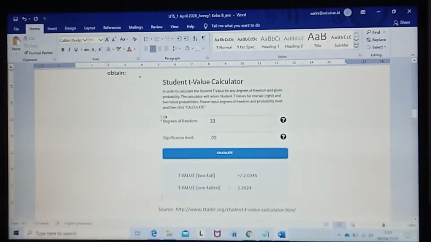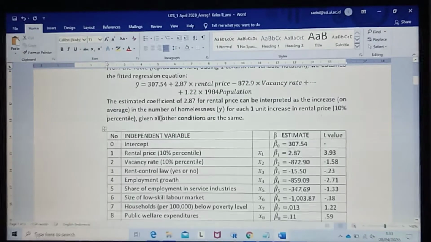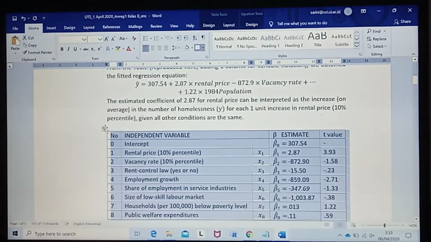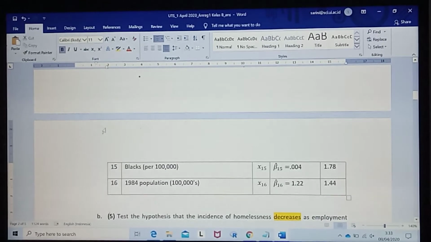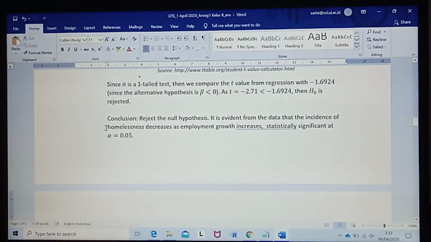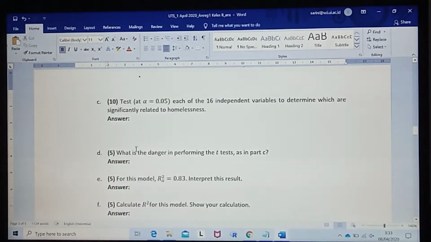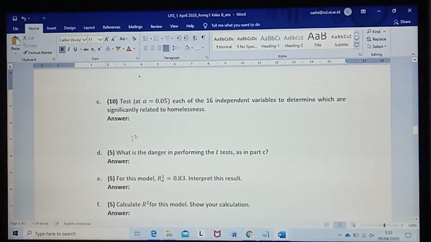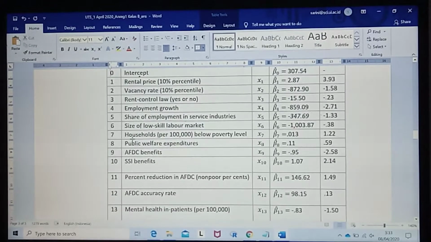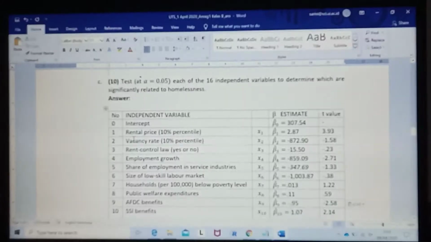So to be efficient, I'll just copy paste this table again. Okay, so then just copy this one and then paste it in here. Because I want to just summarize the result of each of the tests in this table.